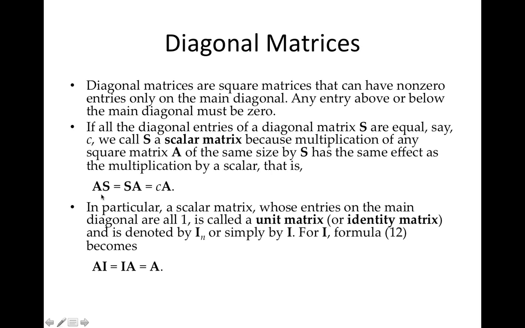So once again, here we have AS, and if S has only diagonal elements and they're all equal to C, then the basic effect of that is multiplication of that A matrix by the constant C.